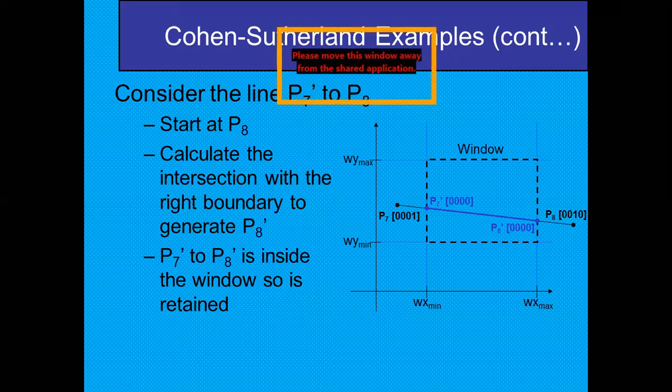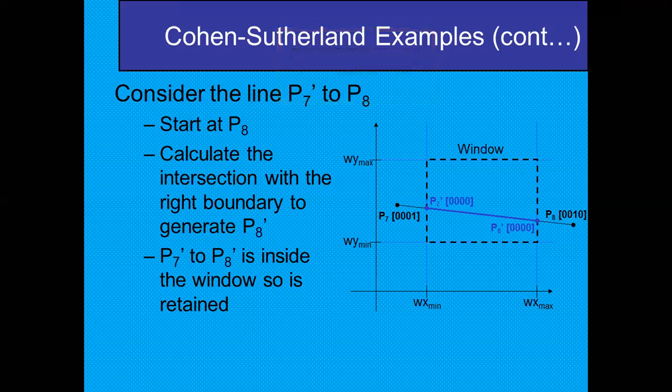We do the ANDing operation of the 4-bit codes of P8 and P8 dash, and as a result we get 0000. So the segment is crossing the window edge, and we discard the remaining portion, P8 to P8 dash.